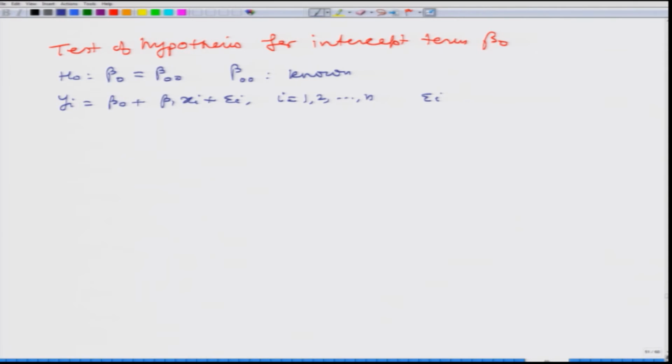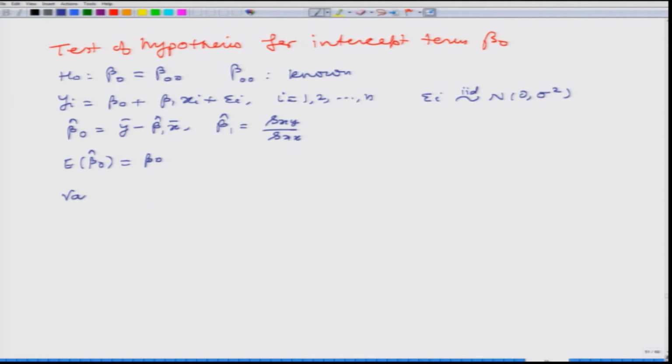We had assumed that the epsilon i's are IID following a normal distribution with mean 0 and variance sigma square, and we had obtained the estimate beta 0 hat as y bar minus beta 1 hat x bar, where beta 1 hat was obtained as Sxy over Sxx, right. We had also demonstrated that the expected value of beta 0 hat is beta 0, so it was an unbiased estimator, and the variance of beta 0 hat was sigma square times 1 over n plus x bar square over Sxx.